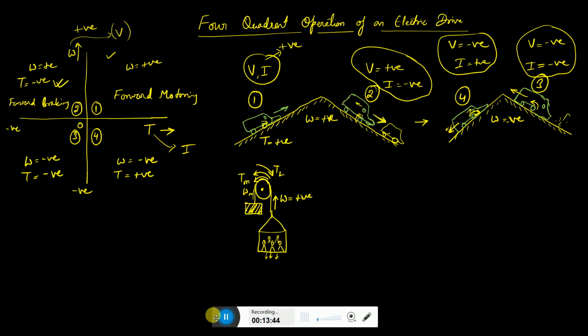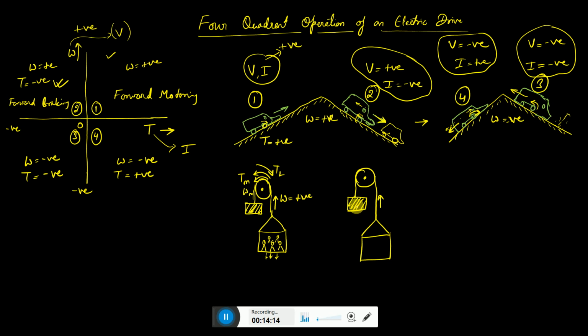Now in the same case, suppose in case 2 you have a wheel, but here you have a balancing weight, no doubt. On the other side you have a cage, but this cage is empty. People are not there. So if people are not there, you want to move it up.